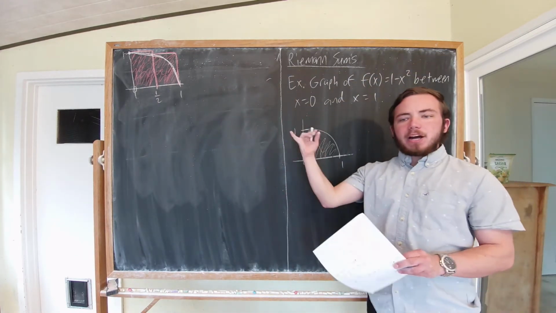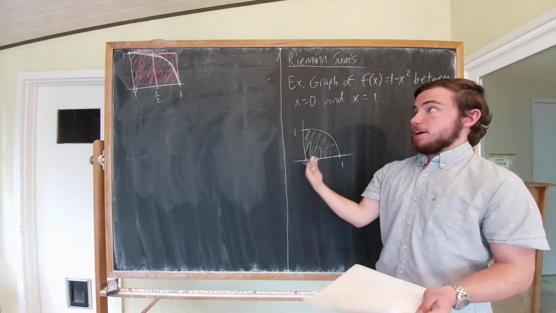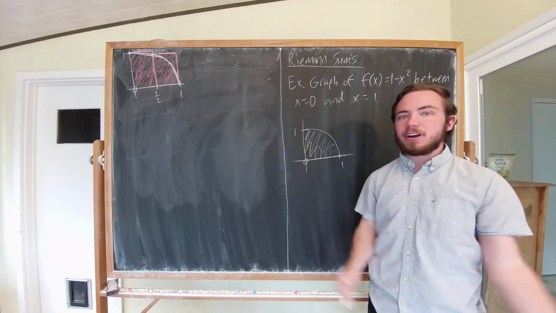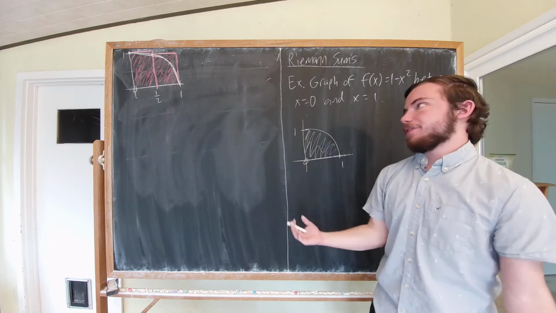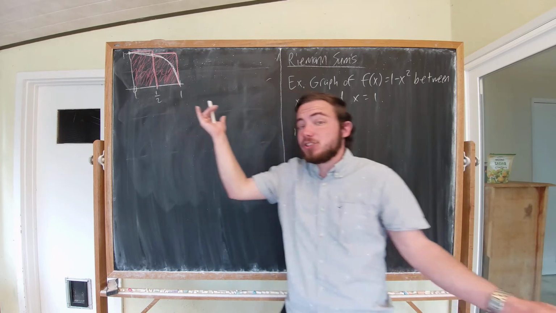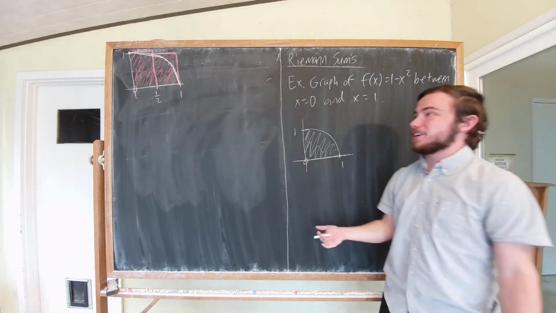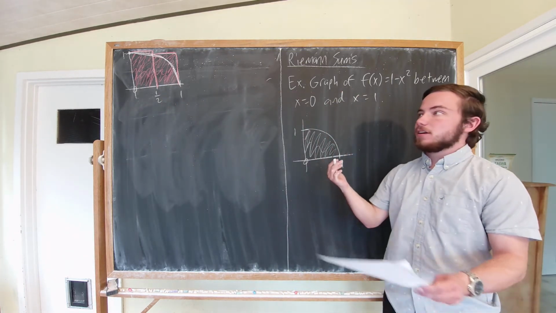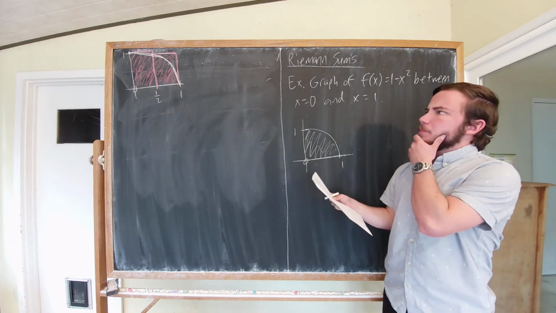We very much can calculate that red area because it's just rectangles. What's their area? Length times width. And then I have two, so I add the two rectangle areas together to get my total area. Easily done. But there's a problem.